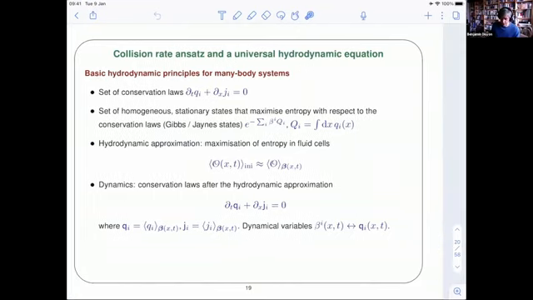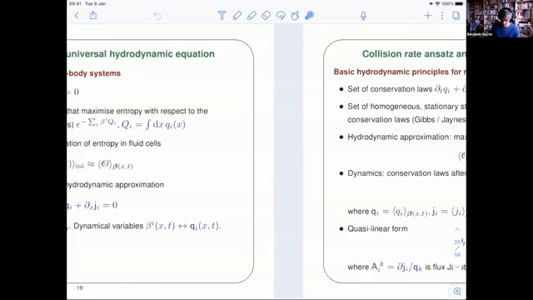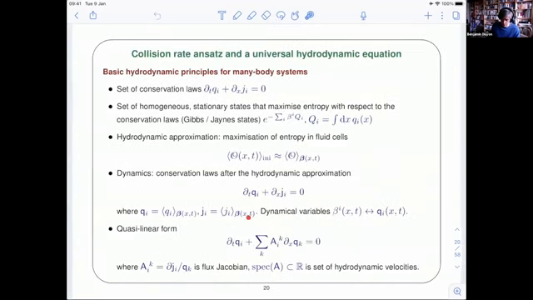Of course, since the currents themselves are a function of the betas, and the betas can be written in terms of Qs, you can invert that and write this in the quasi-linear form. So you can write the currents as a function of the Qs, and then take the derivative, and then you have the quasi-linear form of this Euler scale hydrodynamic equation. And in this quasi-linear form, there's a flux Jacobian which is involved. The flux Jacobian is just the derivative of the current with respect to the densities, the average currents in maximal entropy states with respect to the average densities in maximal entropy states.